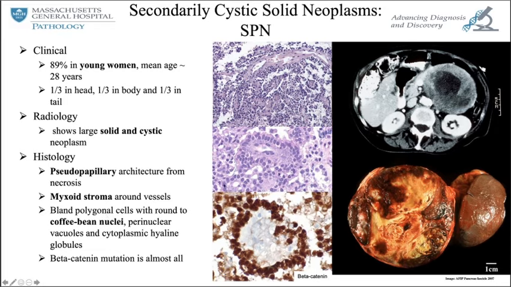The cells themselves are bland polygonal cells. Coffee bean nuclei is a key morphological feature. They can have these perinuclear vacuoles, and they can even have intracytoplasmic hyaline-type globules that can be quite striking, particularly on a Diff-Quik stain. Now, beta-catenin mutation is present in almost all cases, and you will see that upregulation with strong nuclear staining in these lesions.